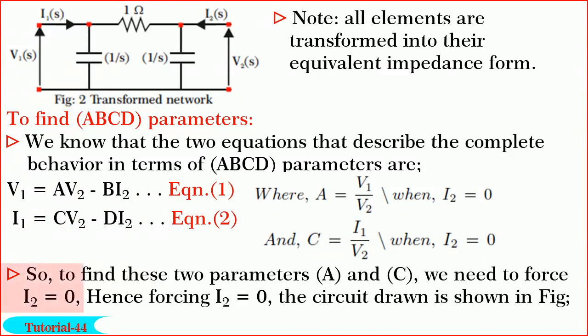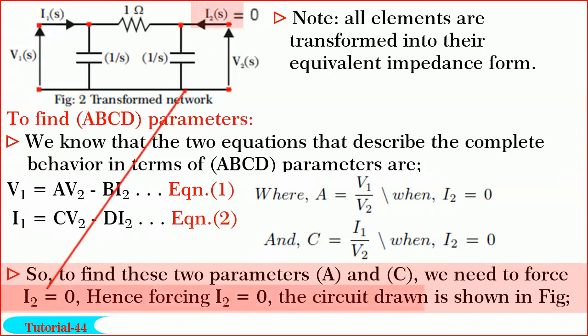So, to find these two parameters A and C, we need to force I2 equal to 0. Hence, forcing I2 equal to 0, the circuit is drawn as shown in the figure.